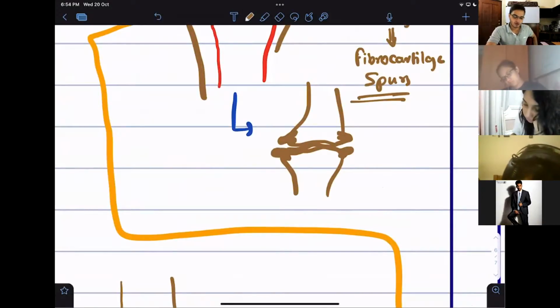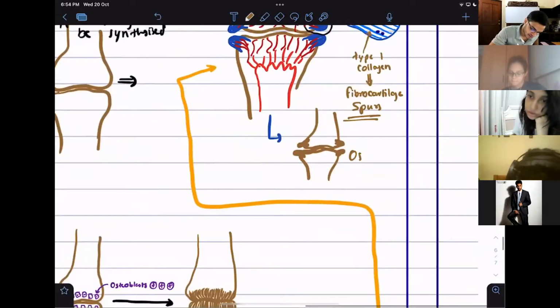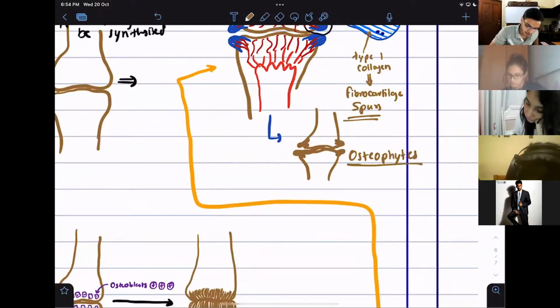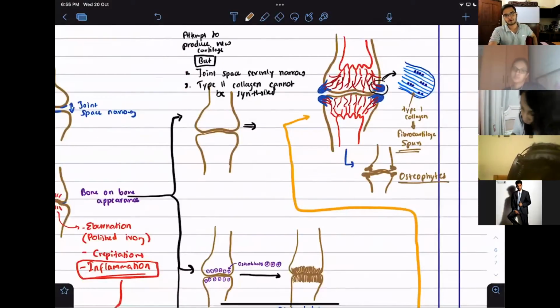We call these osteophytes. Everyone understood that?